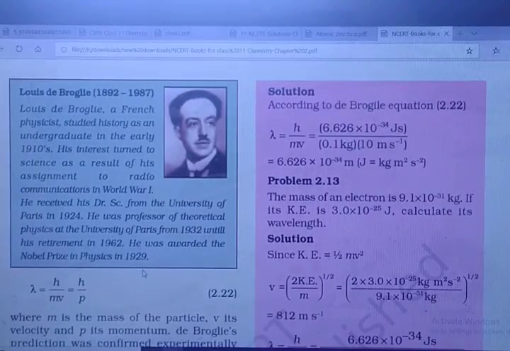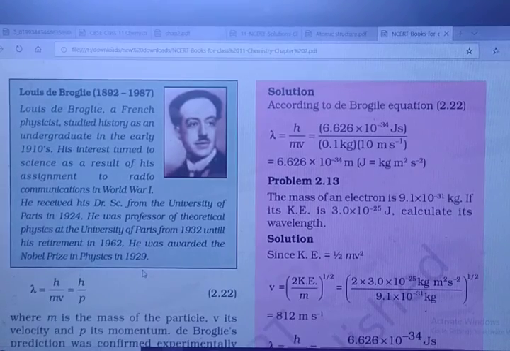Now come to the point. He gave the relation, first of all remember that formula, the momentum formula. What is momentum? P is equal to the product of mass and velocity, mv, right? Here lambda is equal to h by mv.